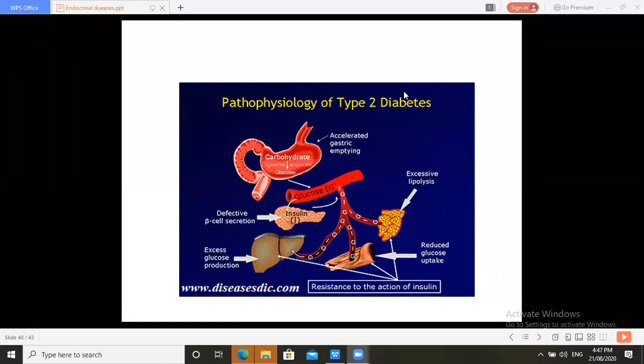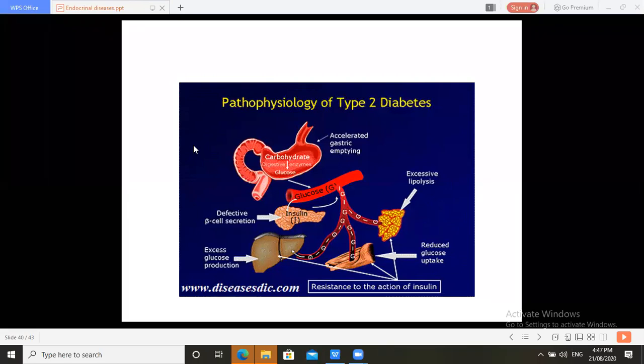The size and the number of islet cells decrease. The second thing is leukocytic infiltration of islets. Then beta cell degranulation occurs. In type 2 diabetes mellitus, there may also be reduction of the islet cell mass.